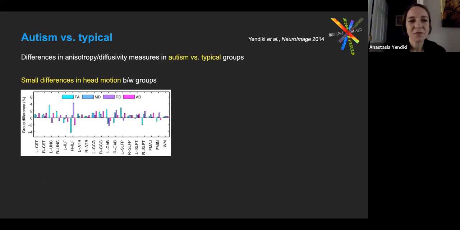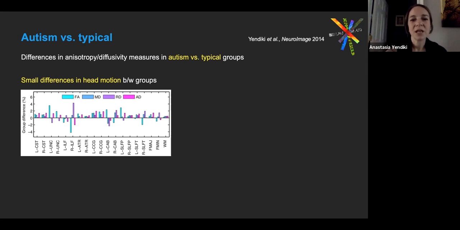This used data from Nancy Kanwisher's lab at MIT from a study of children with autism spectrum disorder and typically developing children. We looked at anisotropy and diffusivity measures in different tracts that were reconstructed with Dracula in different subsets of these subjects. There were something like 200 plus scans.